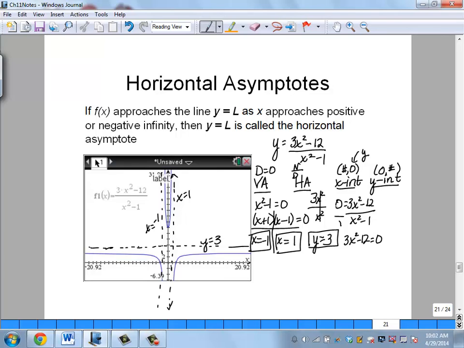See how the bottom disappears here? And then I got 3x squared equals 12, x squared equals 4, and you got to remember when you take the square root, it's plus or minus, so x could be a positive 2 or negative 2. But you can't leave it like that. It's 2 points, so it actually crosses at the point 2, 0 and negative 2, 0. I want points, and if you look at it, it does cross at 2, 0 and negative 2, 0. So we did that right.